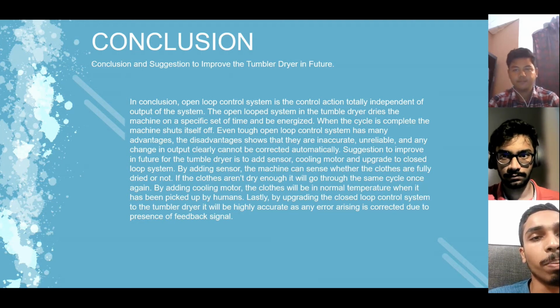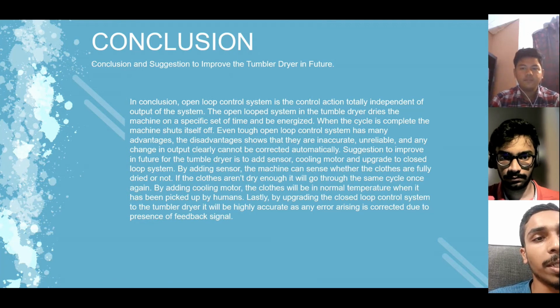When the cycle is complete, the machine shuts itself off. Even though an open loop control system has many advantages, the disadvantages show that they are inaccurate, unreliable, and any change in output cannot be corrected automatically.